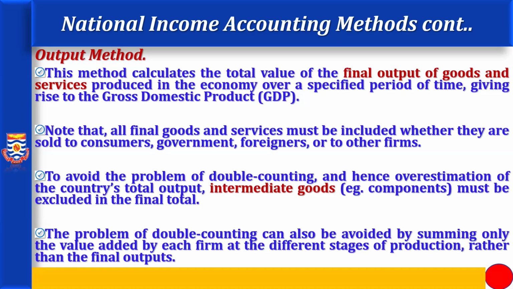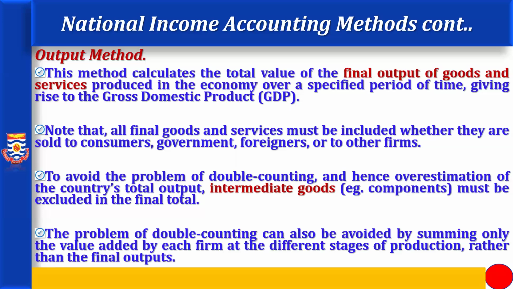Like for instance, we count the value of flour, a bag of flour. Let's assume maybe 200 or 300. Now, if that flour is used in the production of bread, and we sell the bread for 500 cedis, and we count the flour as 300 and bread as 500, you get 800.